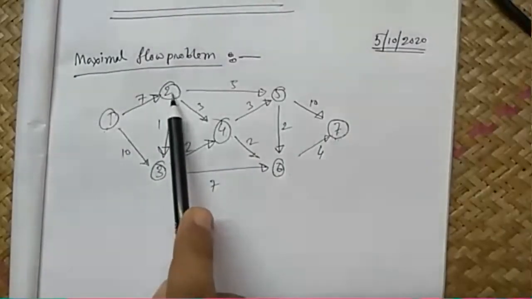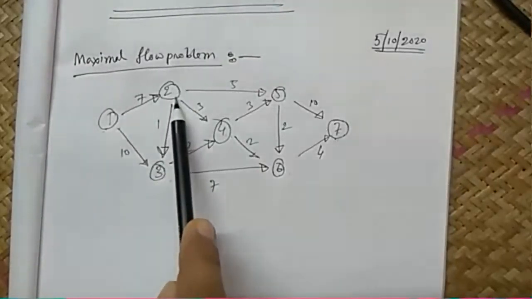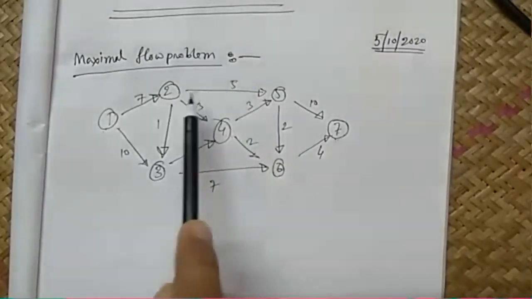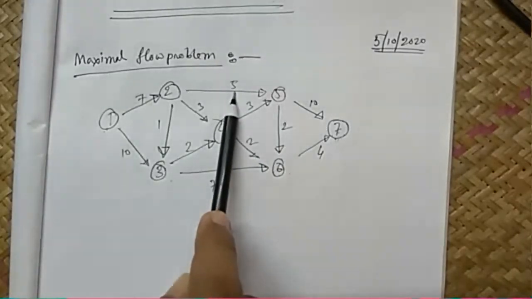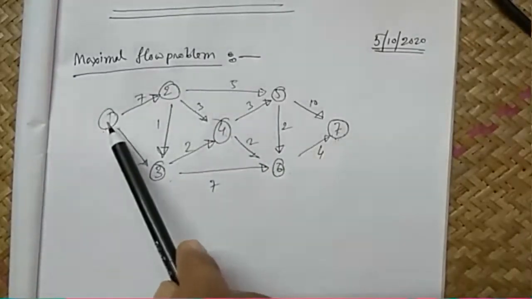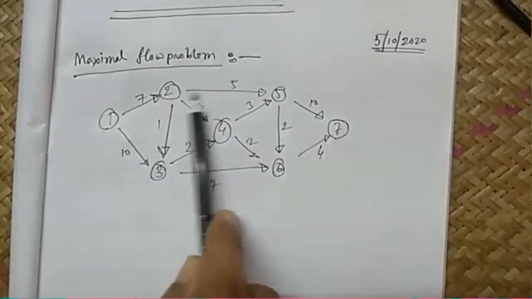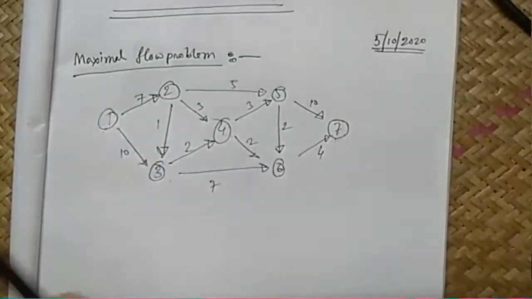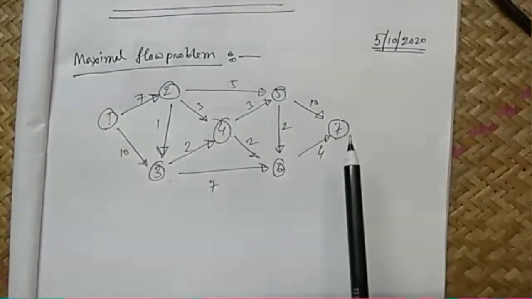Because from 1 to 2 you can send 7, but these 7 products will not pass through 2 to 5. The flow from 2 to 5 will be 5. Okay, so that's why when we choose a path, say arbitrarily taken 1 2 5 7, the minimum of it is 5. So through this path only 5 products will go through.